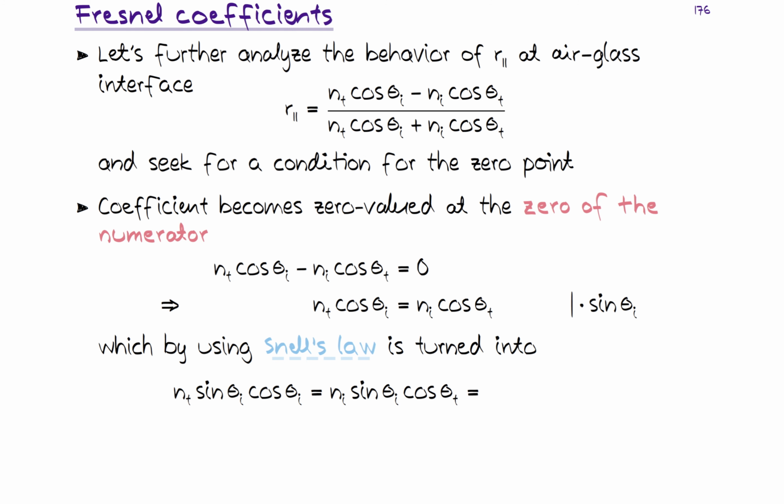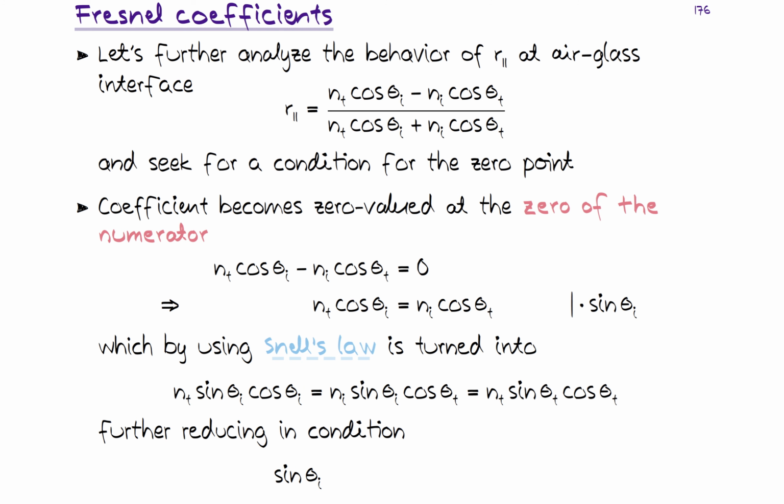The latter term turns into nt times sine theta t times cosine theta t. Now we can further reduce things, since I have nt on both sides. Then I get the equality that sine of theta i times cosine of theta i is equal to sine of theta t times cosine of theta t.